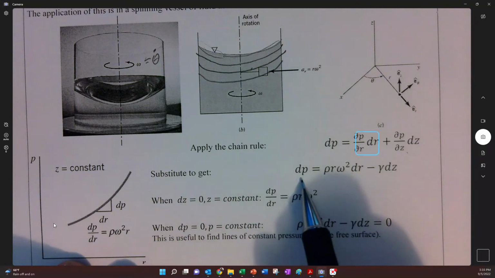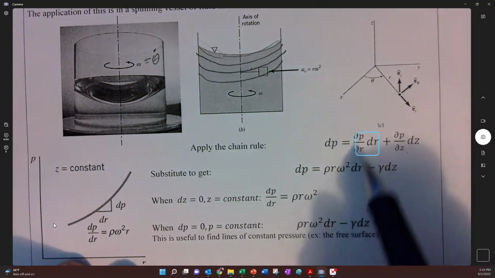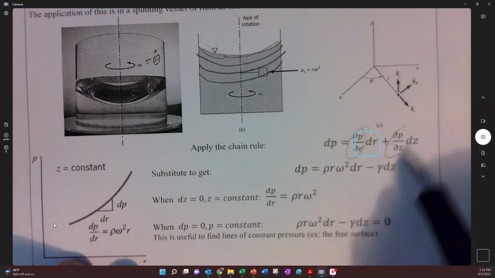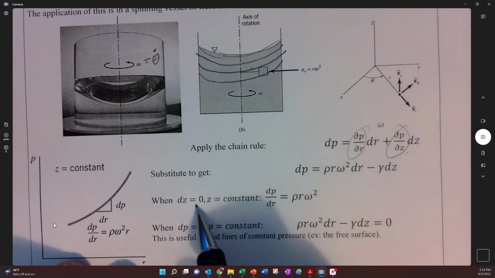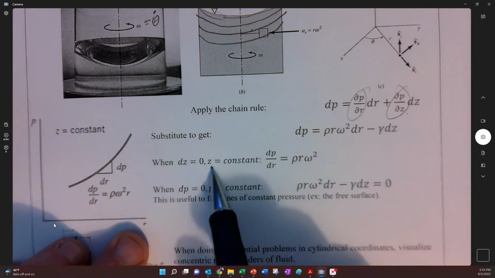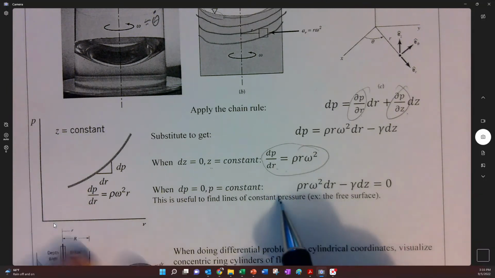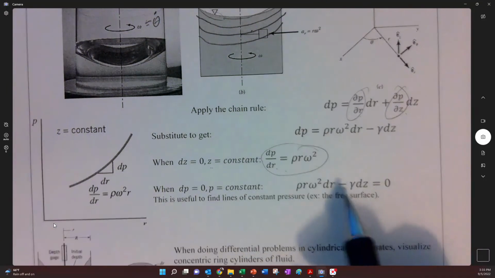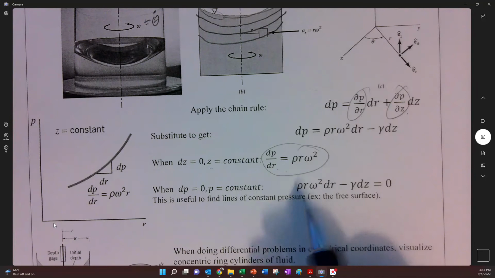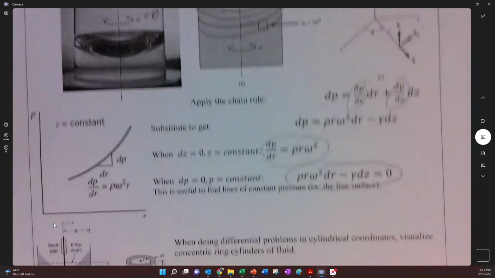We could substitute back in what those gradients were, this gradient and that gradient up above. And when we say that for a constant z we could have this distribution, we could set this as our conclusion.